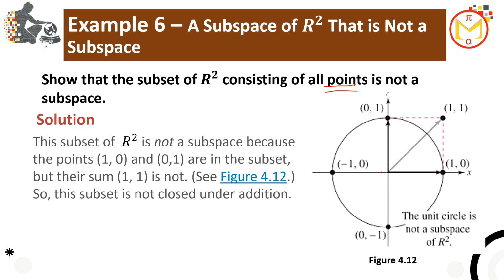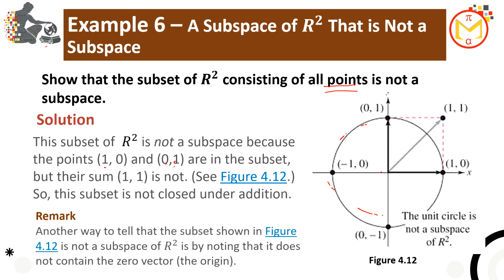This subset of R squared is not a subspace because the points (1, 0) and (0, 1) are in the subset. Now, this is the figure, no? The unit circle. The points (1, 0) and (0, 1) are in the plane, okay? But when you do the addition, it becomes (1, 1), which is no longer in the circle. So this subset is not closed under addition.